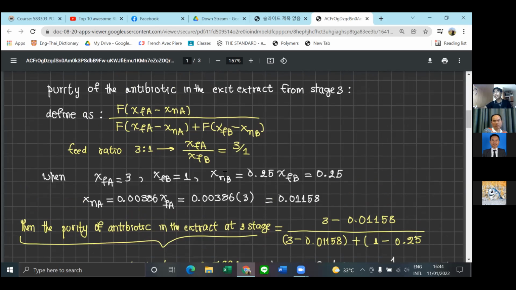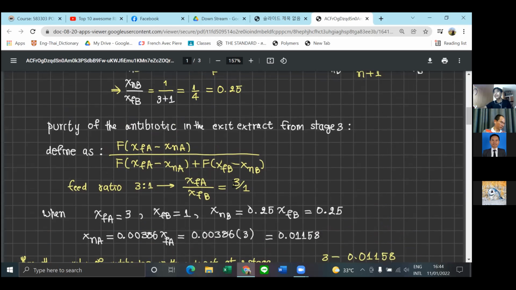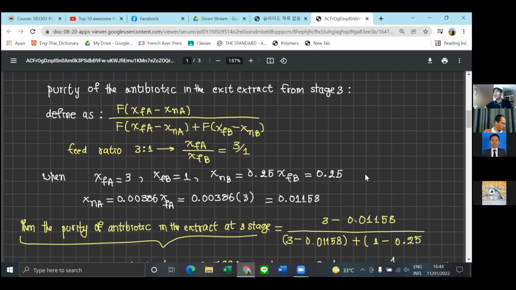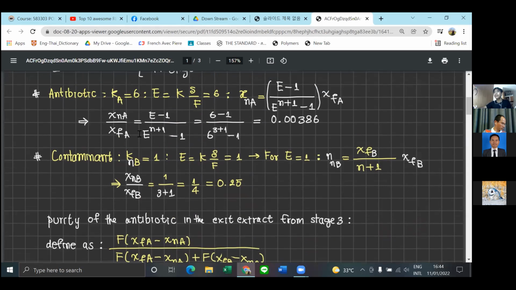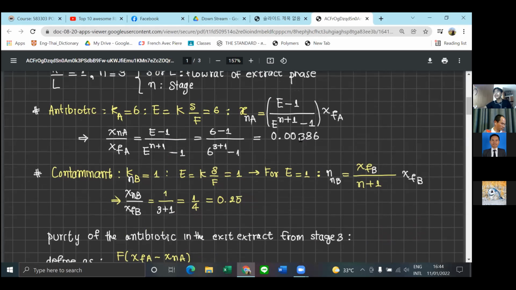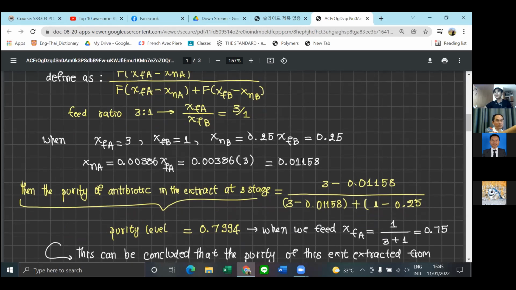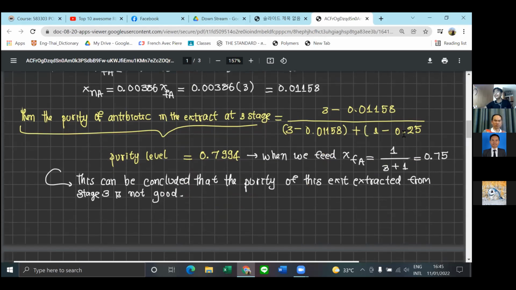And this one is actually from above, HNB is equal to 0.25 multiplied by HFB. So HFB is only one, and HNA is going to be the same, this number multiplied by this HFA. So we get this value, so we can calculate the purity level of this.